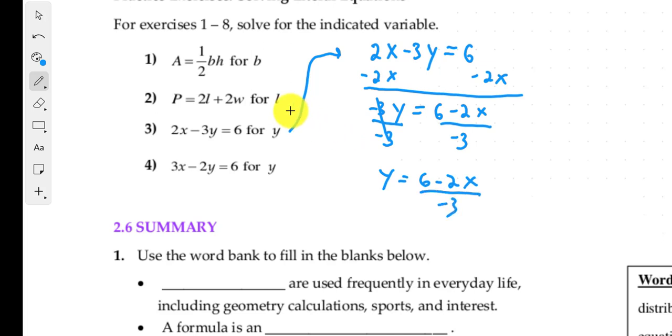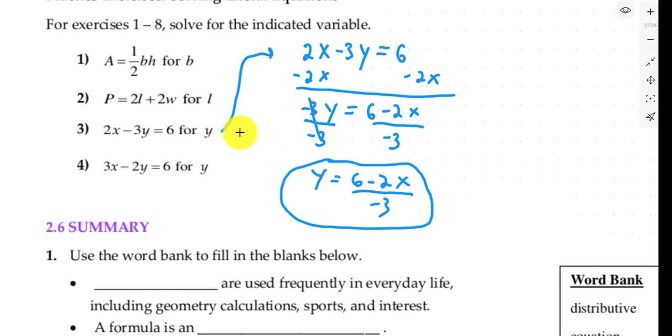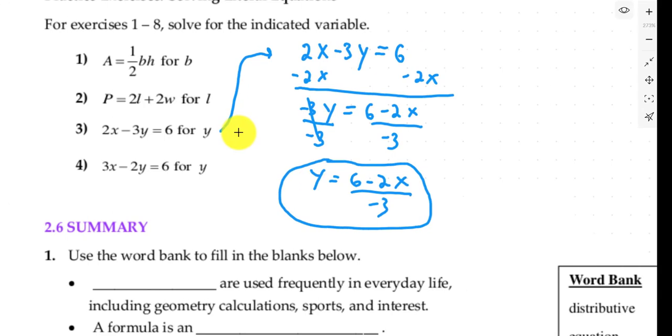You know, I feel like we did a problem like this earlier, right? Remember, we simplified 6 divided by 3 to get 2. So you can leave this answer like this, but remember, I believe we did one where we ended up writing this as 6 over -3 plus -2x over -3, right?